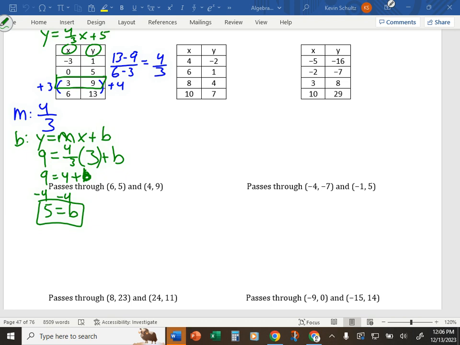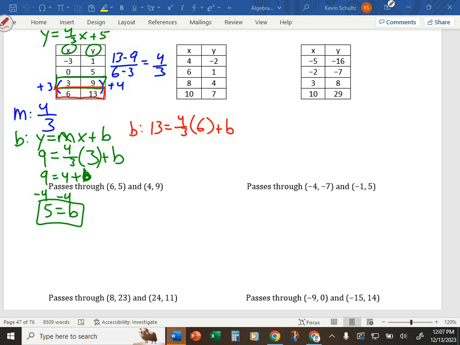Let's say Josie had picked a different ordered pair. Let's say she had picked 6, 13 instead of 3, 9. Would our answer be the same? Well, this time, instead of plugging in 9 for y, we plug in 13 for y. Our slope doesn't change, but this time, instead of plugging in 3 for x, we plug in 6 for x.